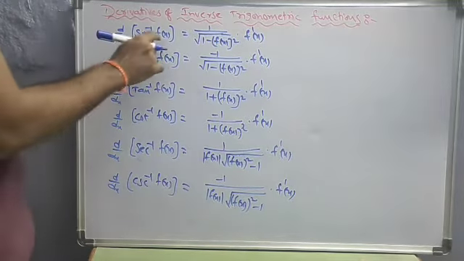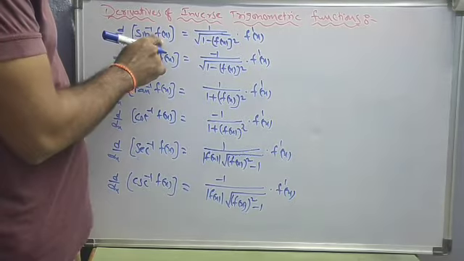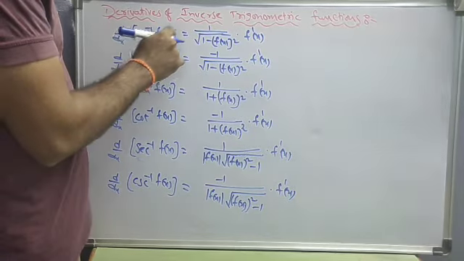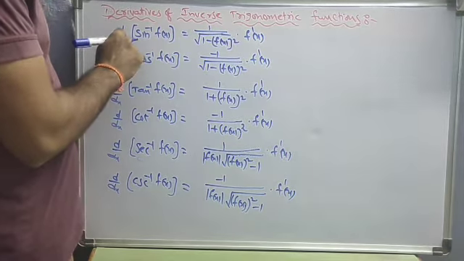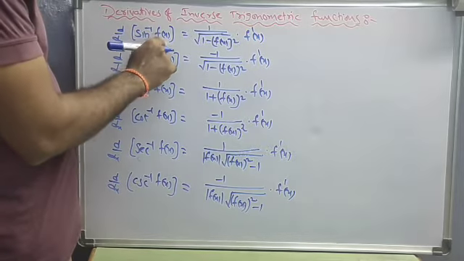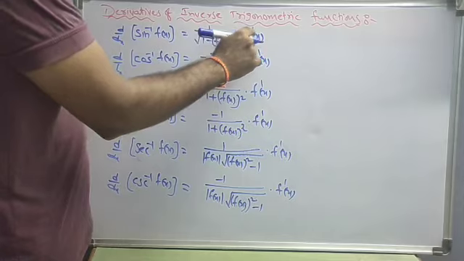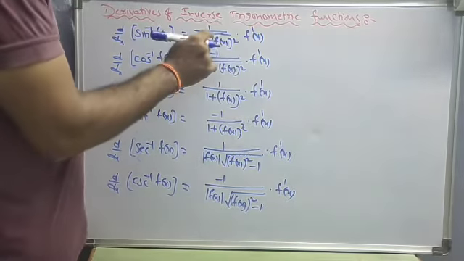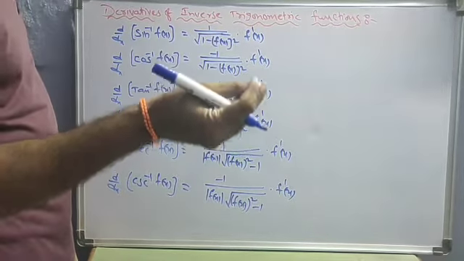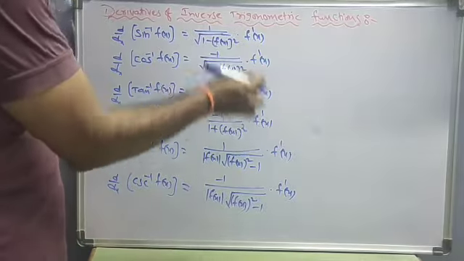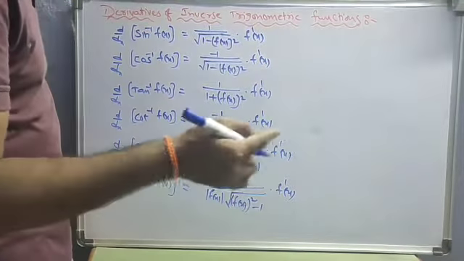So in the place of f of x, suppose you put x, that means the standard formula d by dx of sine inverse of x is 1 by square root of 1 minus x square into x differentiation, which is 1. That means in the place of f of x, if you put x, then f dash of x becomes 1.